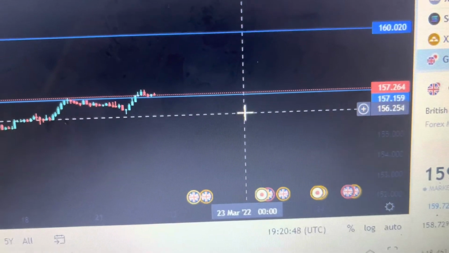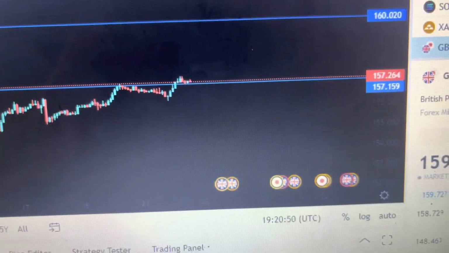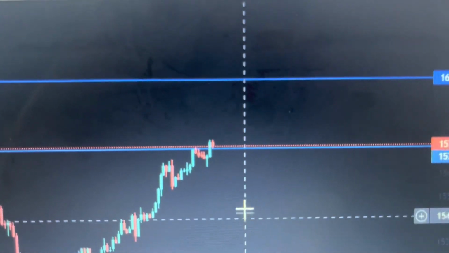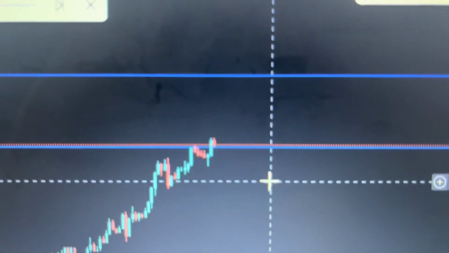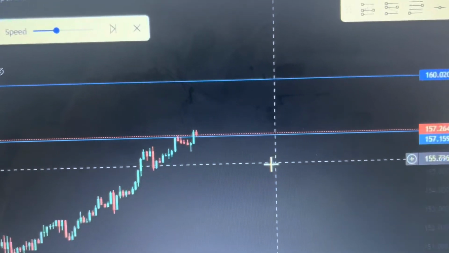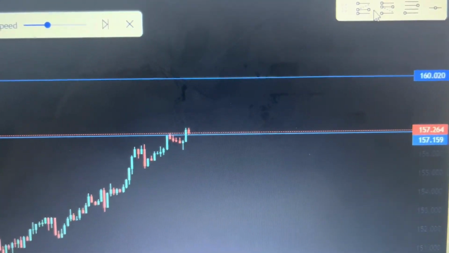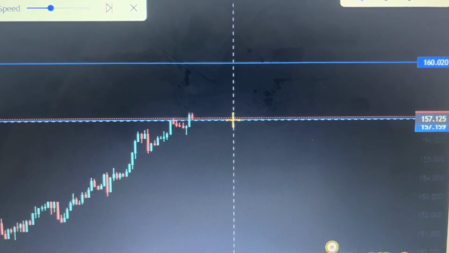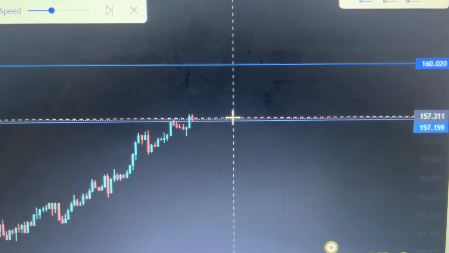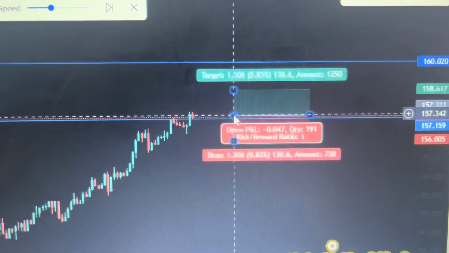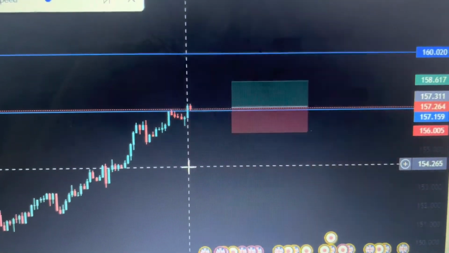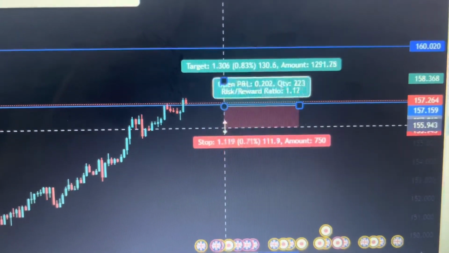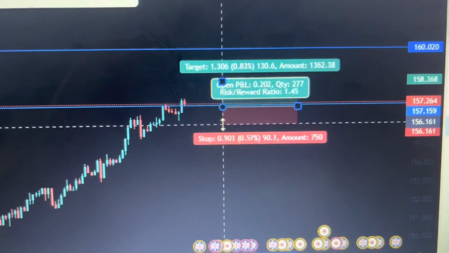So what I'm going to do is go back to the 4 hour. Now that I'm back on the 4 hour, I need to determine what my entry will be. My entry will be right here, literally right here, which is a good entry, right on the support resistance line. My stop loss would be right underneath this candle.